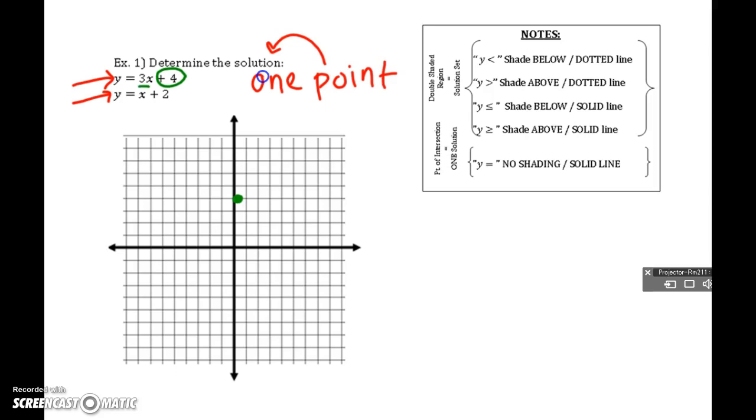Then I know my slope is positive 3, so from where I began at plus 4, I go up 3 and over 1, make a dot, and I can go the other way, backwards 1, down 3, make a dot, and so on. Then I can connect all my dots to make a line.